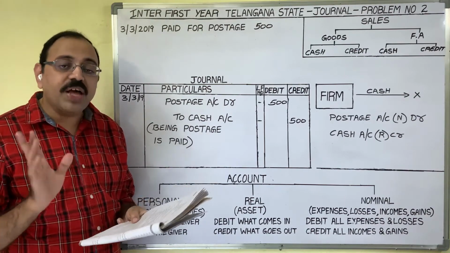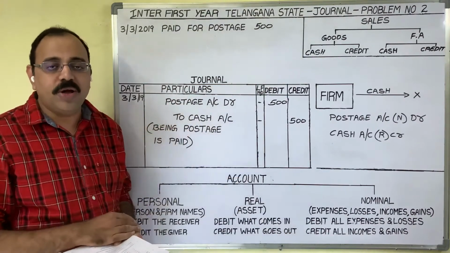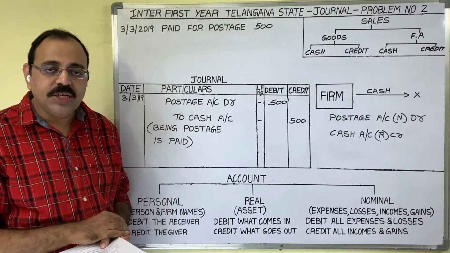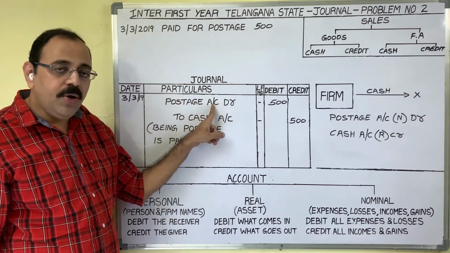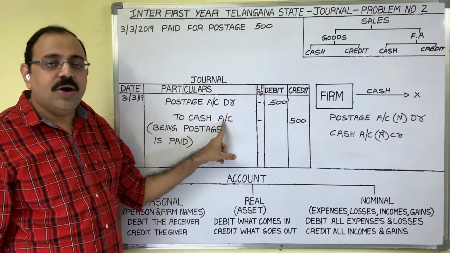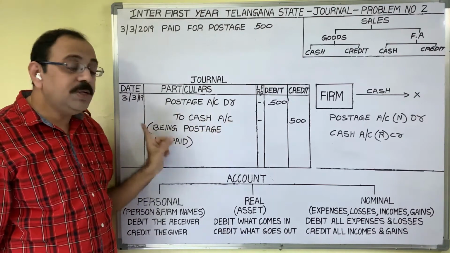Paid salaries 5,000 rupees. Firm paid salaries to employees. To the firm, salary is also an expenditure. Then what is the entry? Expenditure name should be debited. So salaries account debit to cash account. Narration being salary is paid.